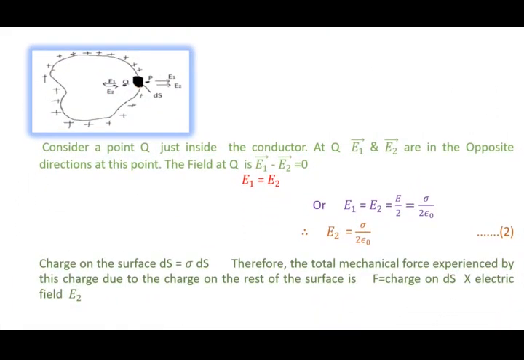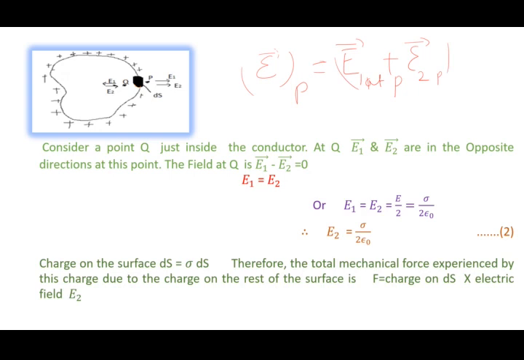Now let me write what I have written, that electric field at point P is E1 at P plus E2 at P. Let us keep this in our mind.